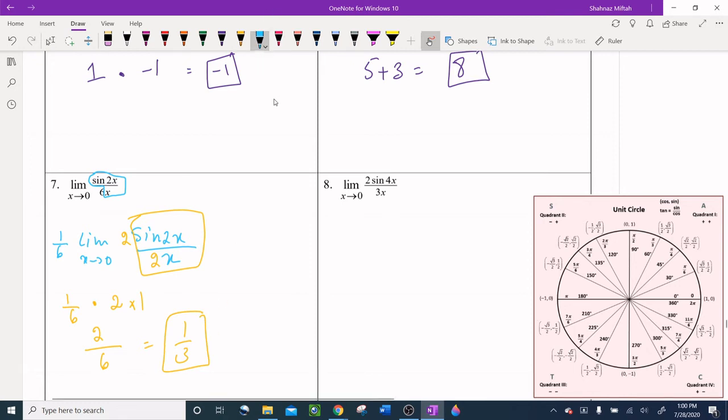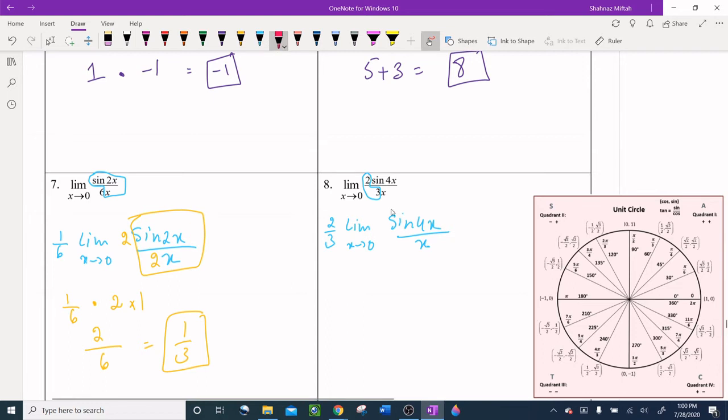Okay, let's do question number 8. 8 is like the same thing. If I can get rid of this 2/3, I'm going to move that 2/3. Then I'm left with sine 4x over x, and I can multiply 4 top and bottom. So I have limit as x approaches 0 of sine 4x over x.